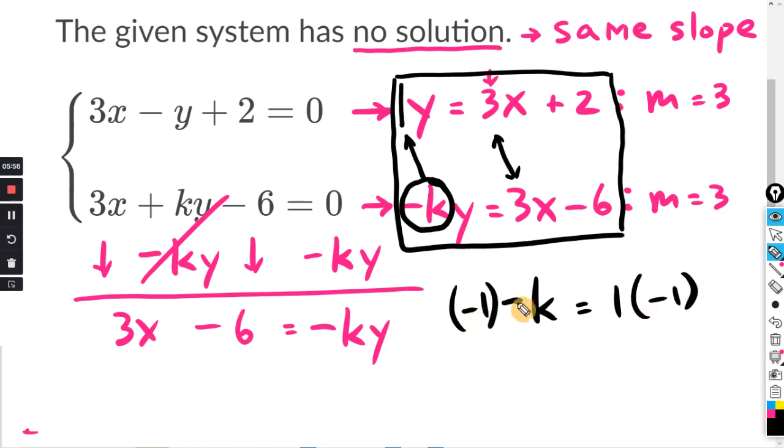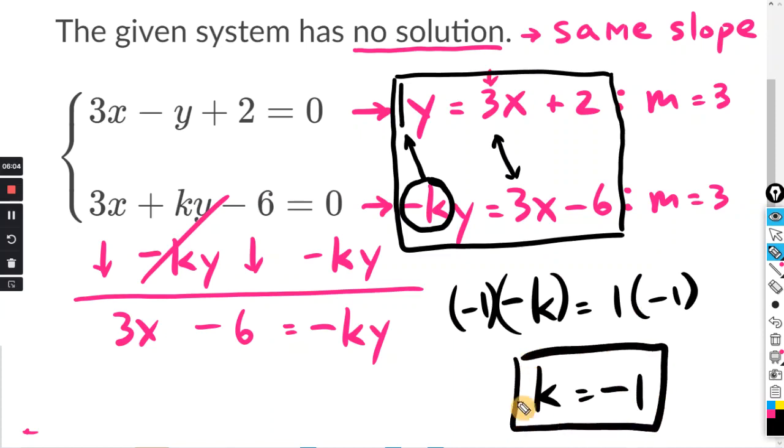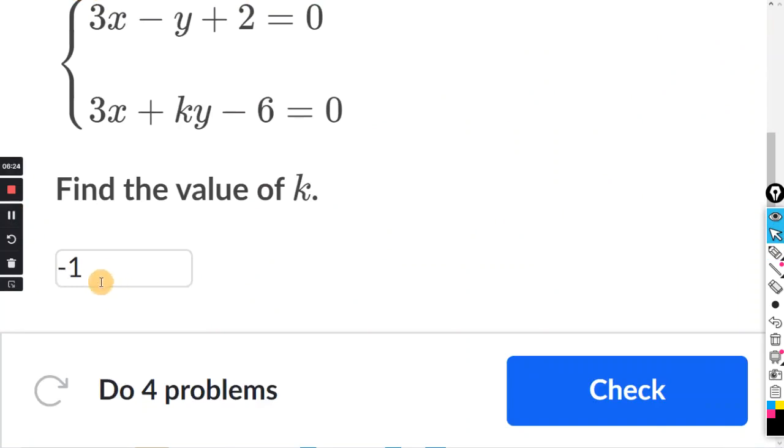Negative 1 times negative k is positive k, and 1 times negative 1 is negative 1. That's the final answer. That makes sense, right? We said negative k equals 1, so if you just change the sign on both sides, k equals negative 1. That's all we did. So just click in the box and type negative 1.